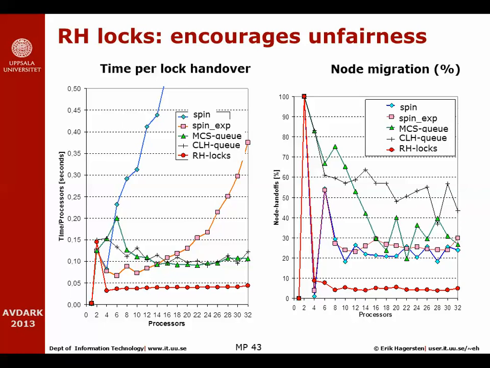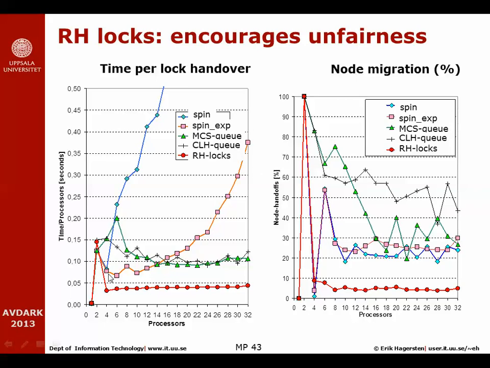It's so much quicker to communicate with somebody in your own multi-core. So if you are unfair and give the lock to somebody in your own multi-core, the handover of the lock will be faster, but also the critical data structure that we're protecting is more likely to be in a cache in that multi-core. If we can do a cache-to-cache transfer inside the multi-core, it will be much faster. And that's what Zoran leveraged.